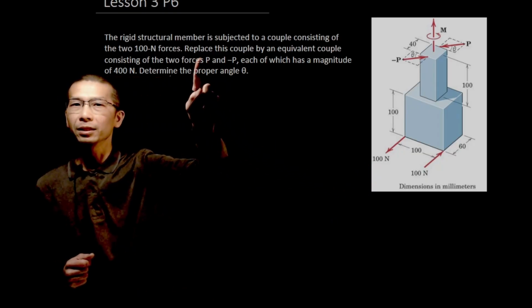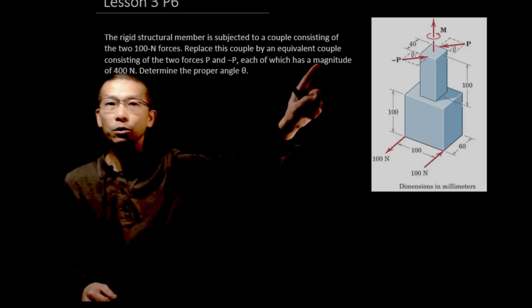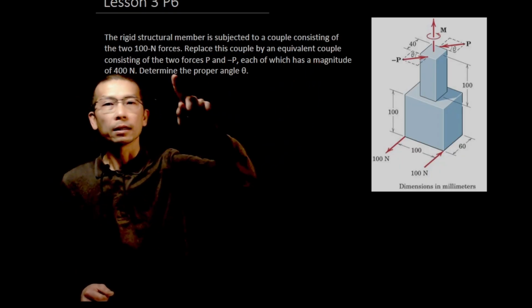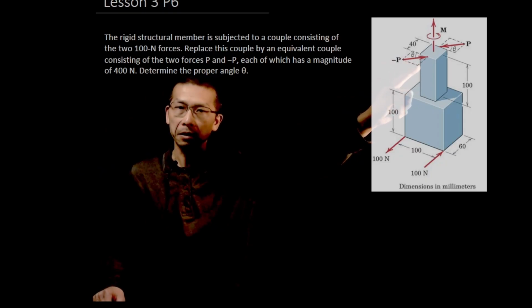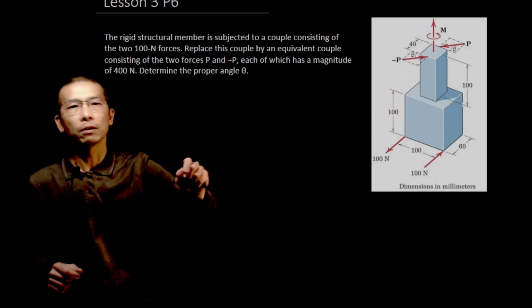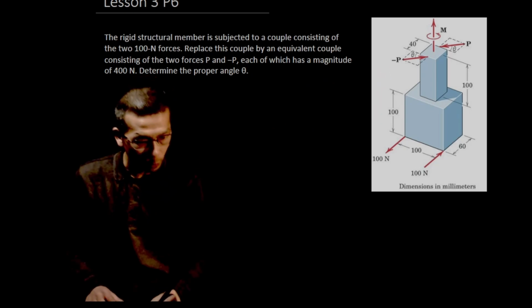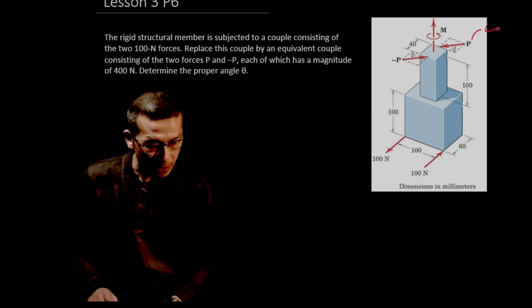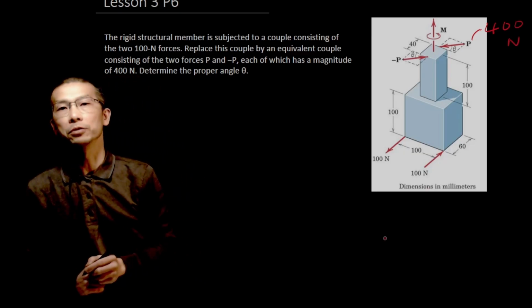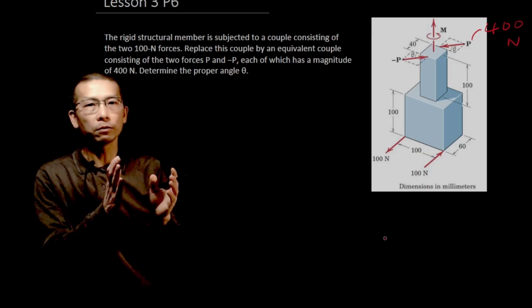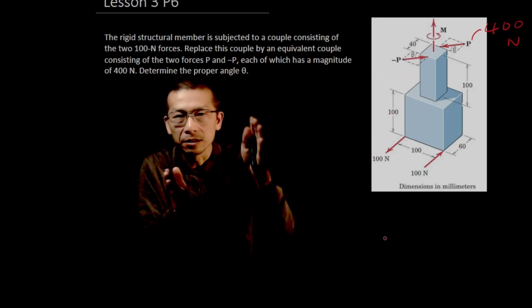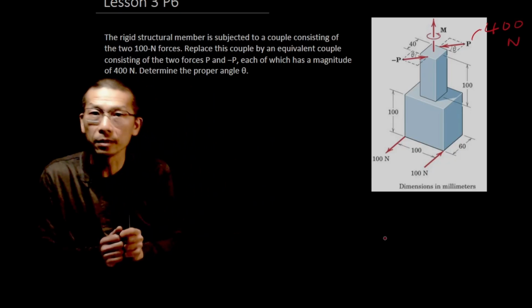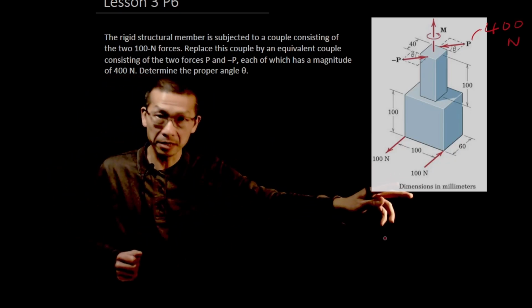And we want to replace this couple by an equivalent couple, P and minus P at the top, each of which has a magnitude of, so P here is 400 Newtons. And now we want to find what this angle theta is that gives us the equivalent couple as the two down here.